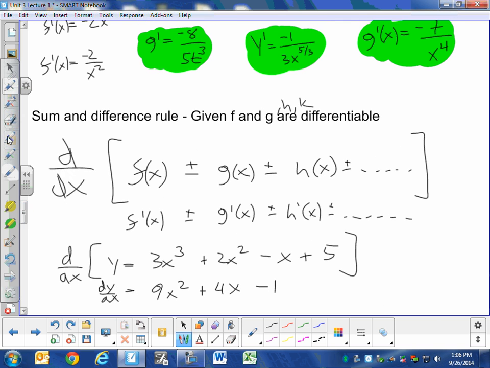However, this is just a sum and difference rule. It is not a multiplication and division rule.